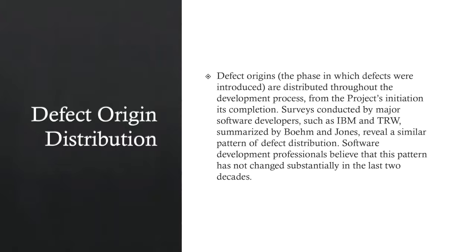The first one is our data, defect origin distribution. Defect origins are distributed throughout the development process, from the project's initiation to its completion. We have some patterns here. A survey conducted by major software developers such as IBM and TRW was summarized by Boehm and Jones.